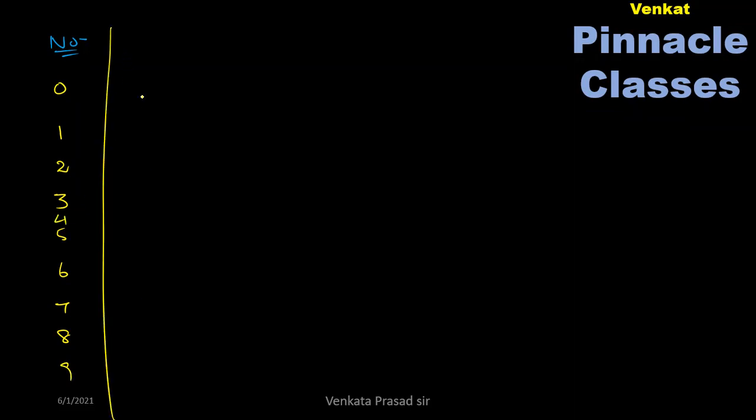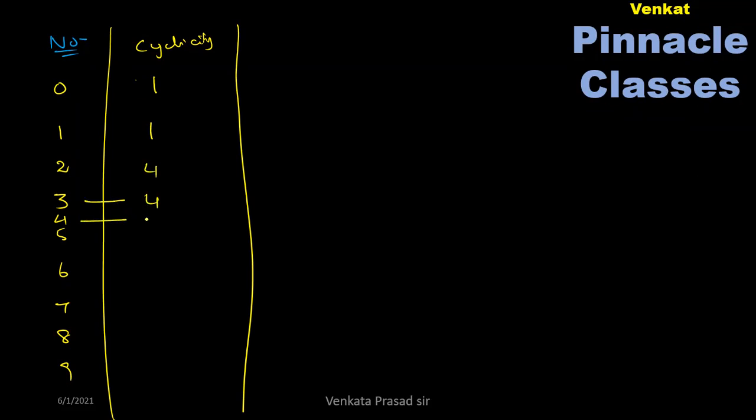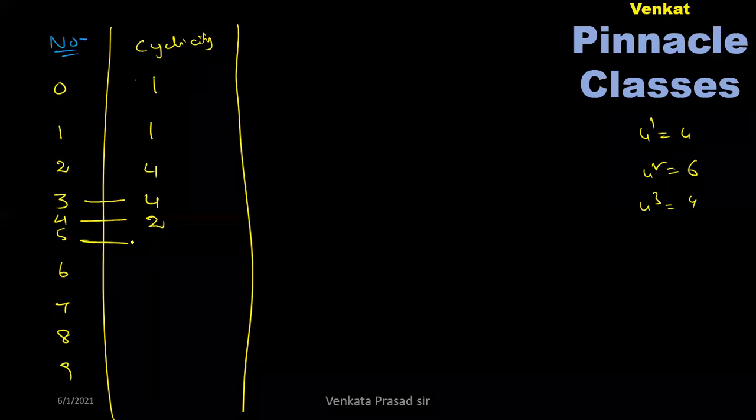Tell me anyone, what is the cyclicity? Cyclicity of 0 is how much? What about 3? 4. What about 4? See? 4, 4, 1 is how much? 4 square. 4 cube. So this is 2.